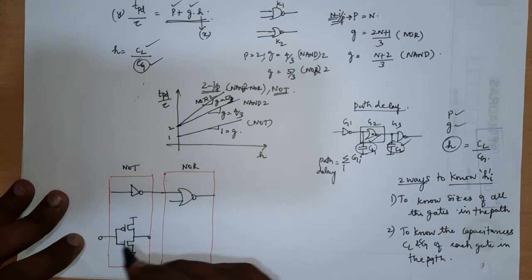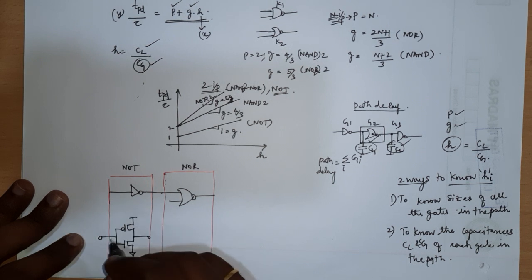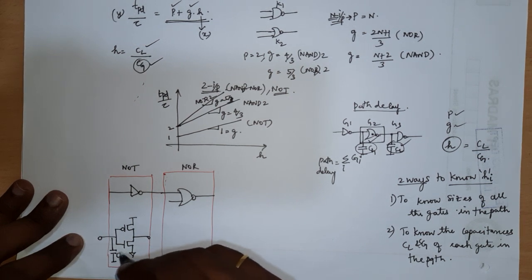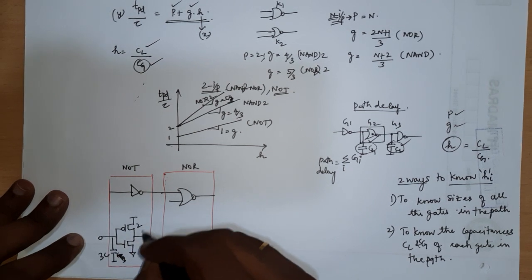Now we know that this particular NOT gate will have an input capacitance CG, which is basically 3C. Let me write it like this: 3C, 2 from here, 1 from here.